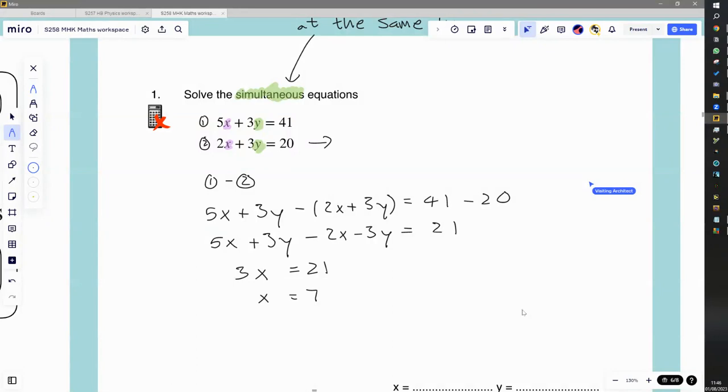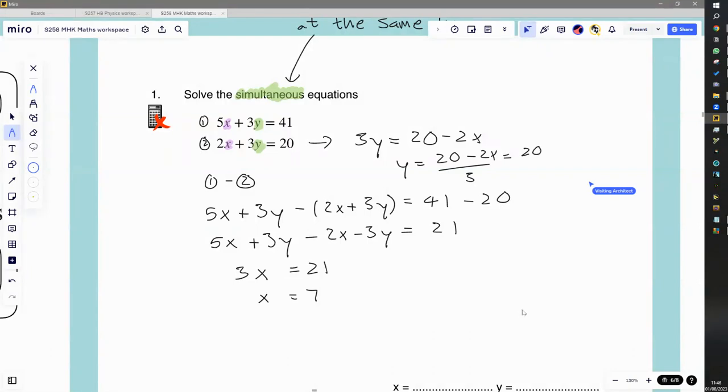I'm going to also rearrange this. I'm going to take away 2x from both sides. I've got 3y is equal to 20 minus 2x. And then I'm going to divide both sides by 3. So I've got y is equal to (20 minus 2x) divided by 3. So now I've got a rearranged equation where y is the subject.